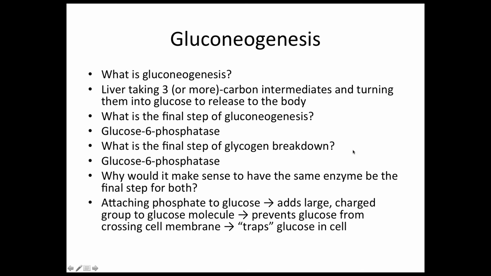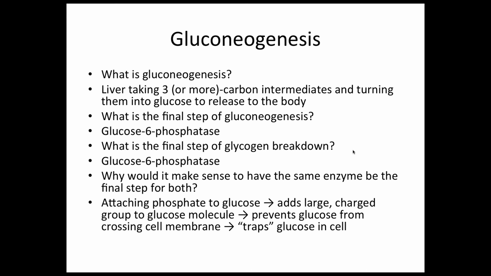So in other words, you can think of this as the reverse process of the first step of glycolysis. There are basically two things that something has to be in order to cross the membrane on its own, right? It has to be small and it has to be uncharged, ideally nonpolar. So a phosphate that you add to glucose, as the first step of glycolysis, does the opposite of that. You're adding something large and something charged.